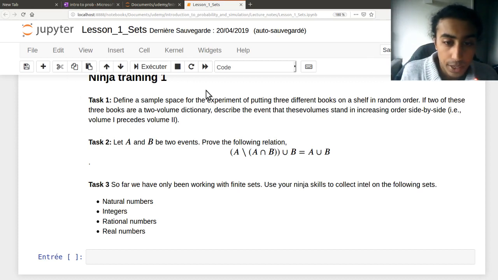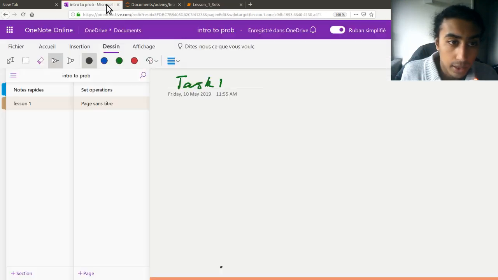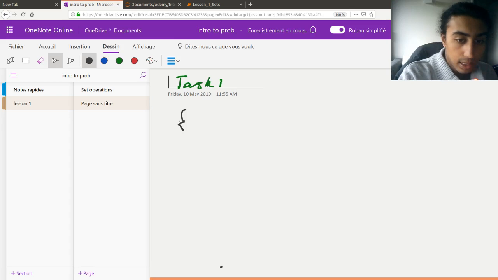So, define a sample space for the experiment. Okay, let's do that. A sample space for the experiment could be all the possible ways you can arrange the books. Actually, before we write down any sets, it's a good idea to define some notation.